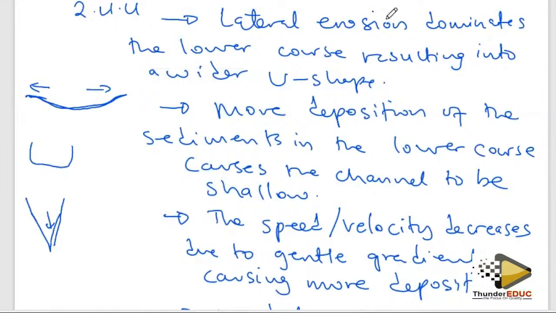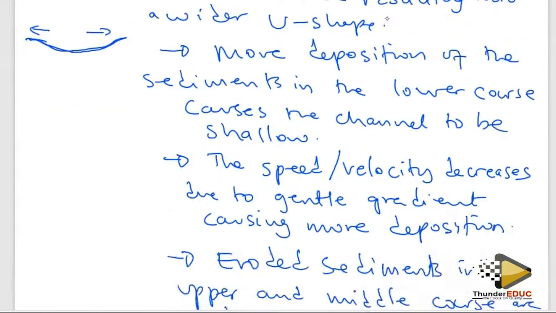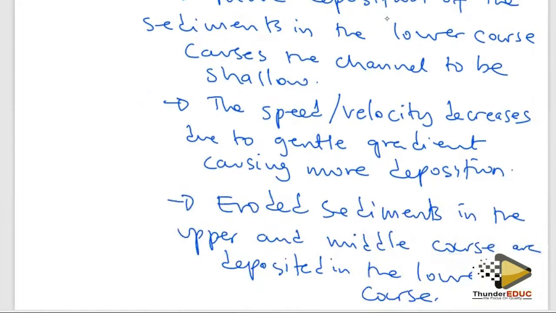However, since our focus is on the lower course, we're going to say more sediments are being deposited in the lower course, causing it to be shallow and not deep. And number 3, the velocity decreases due to gentle gradient, causing more deposition.